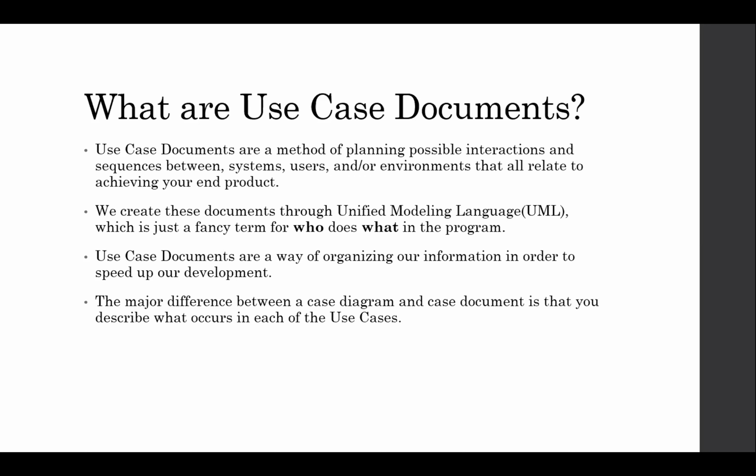The major difference between a use case diagram and a use case document is that you describe what occurs in each of the use cases. It's not so much your stick figure example, where this thing can do this, this, or that. It really goes in and explains what each case does.